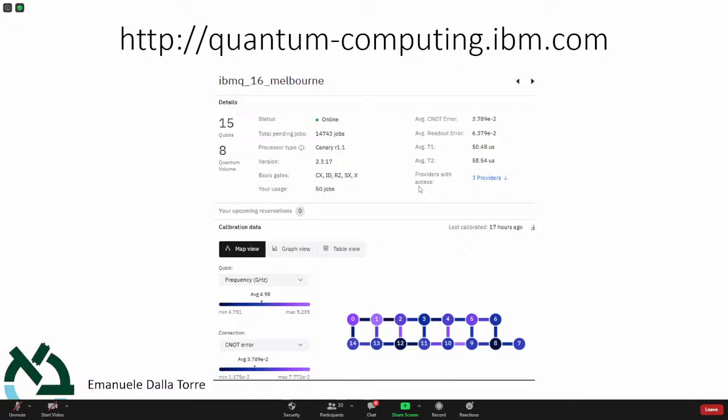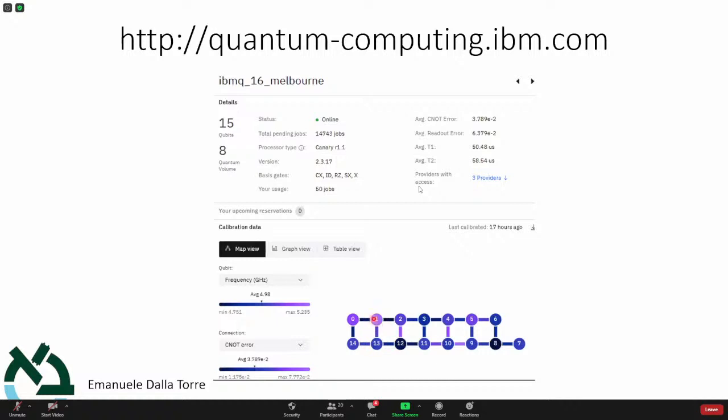So it's not the best, most proficient one. There's a lot of information about these quantum computers, but let's focus on the most important details that we are interested in. First of all, you see here on the bottom right these qubits. These 0 to 14 are 15 qubits, and each circle is a qubit. The color is interesting because it refers to the error.